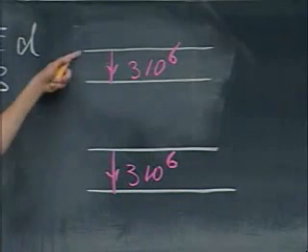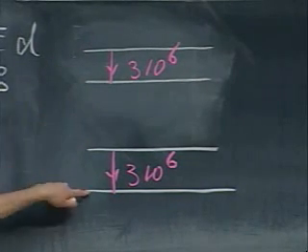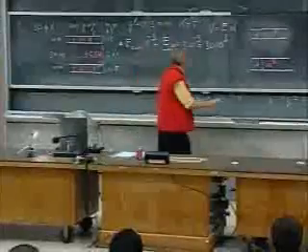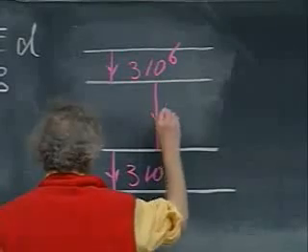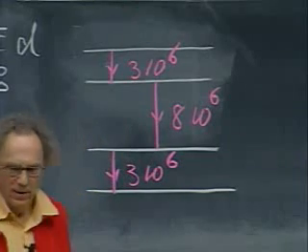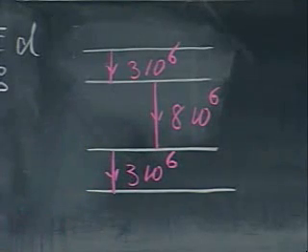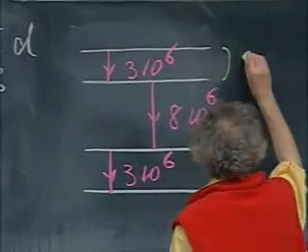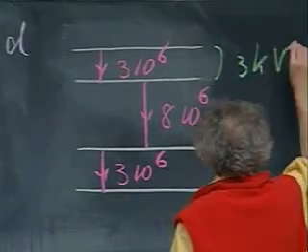But since I know that the potential difference between here and here must be 30 kilovolts, I can now immediately conclude that the electric field here is now 8 times 10 to the 6 volts per meter. That is the only way that it adds up to 30 kilovolts, because the 3 million volts per meter gives me here 3 kilovolts.